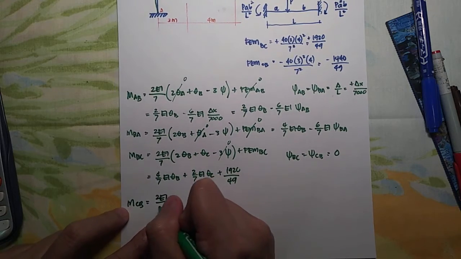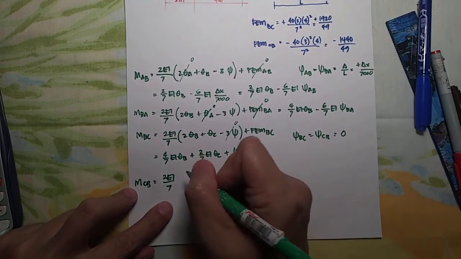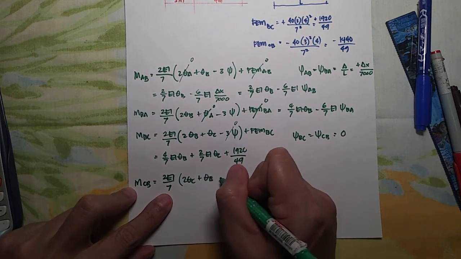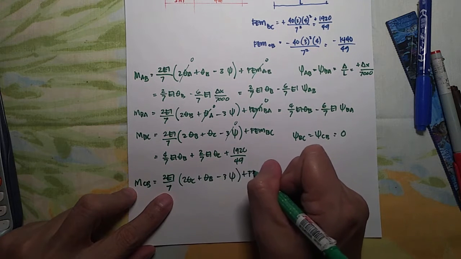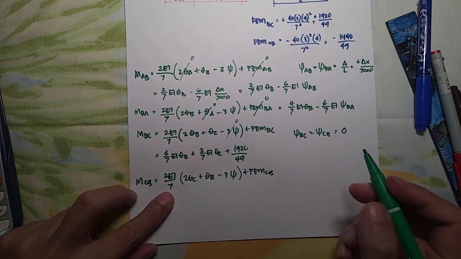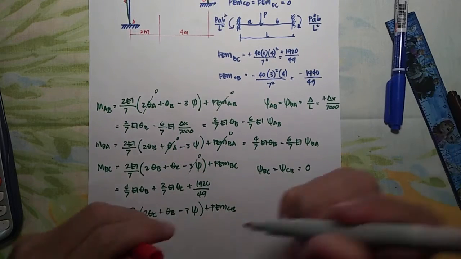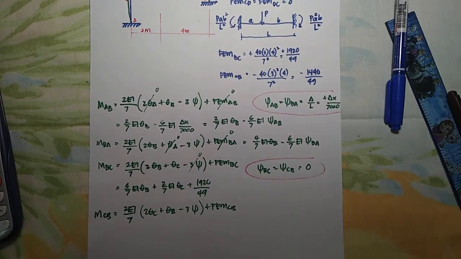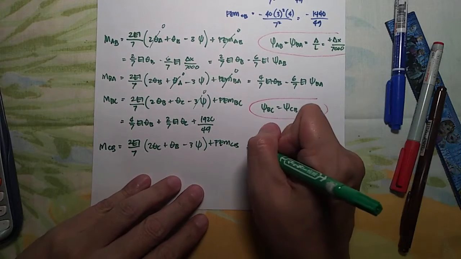2EI over L. L again is 7 meters. Then, twice theta C plus theta B, minus 3 psi plus the FEM on CB. Okay, so when simplified, so let us simplify this one.